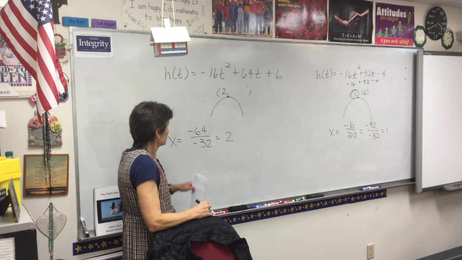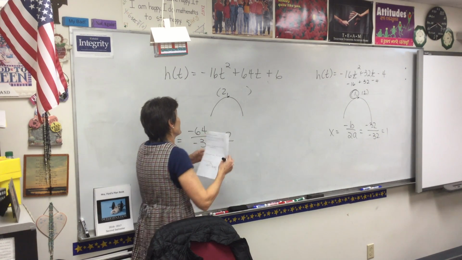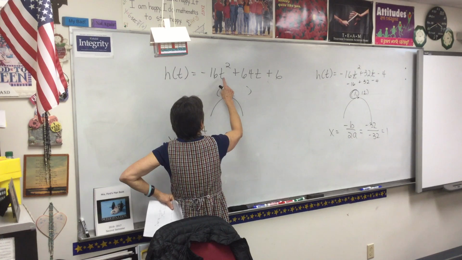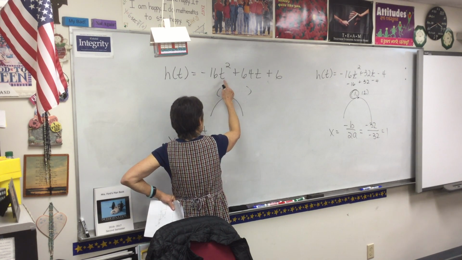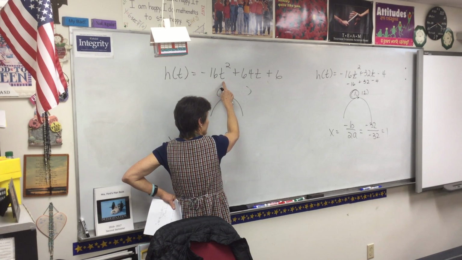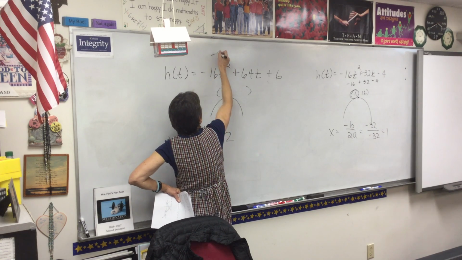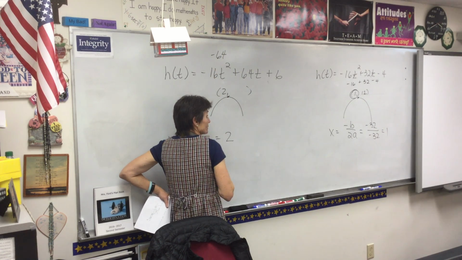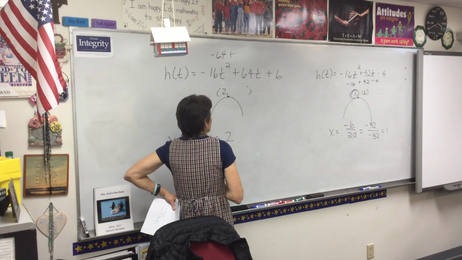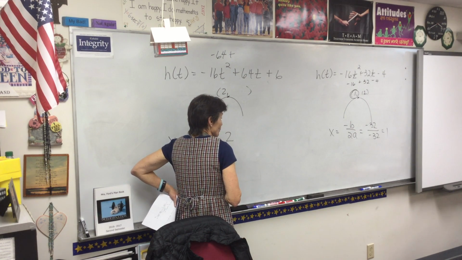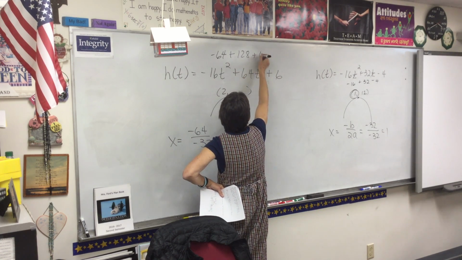Now, I'll take that 2 and plug it in. Now be careful, when you plug it in, you square first. Always, always, always square first. So what's 2 squared? 4 times negative 16 is negative 64. 64 times 2 is 128, and then plus 6.